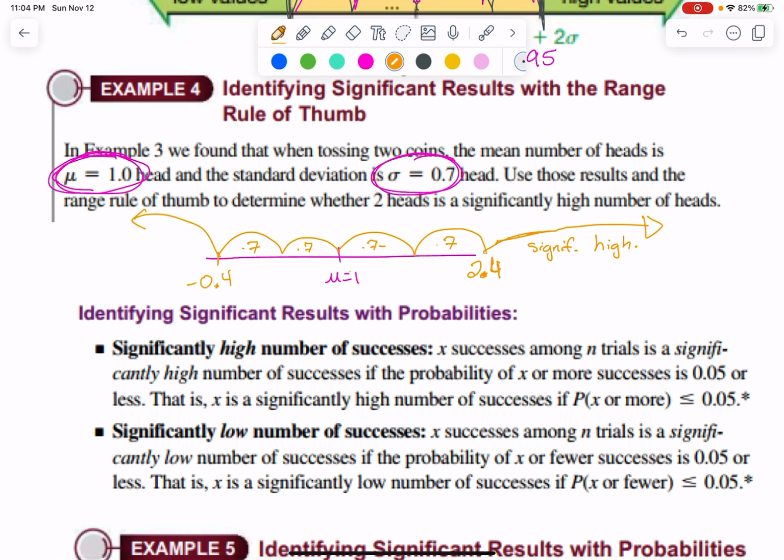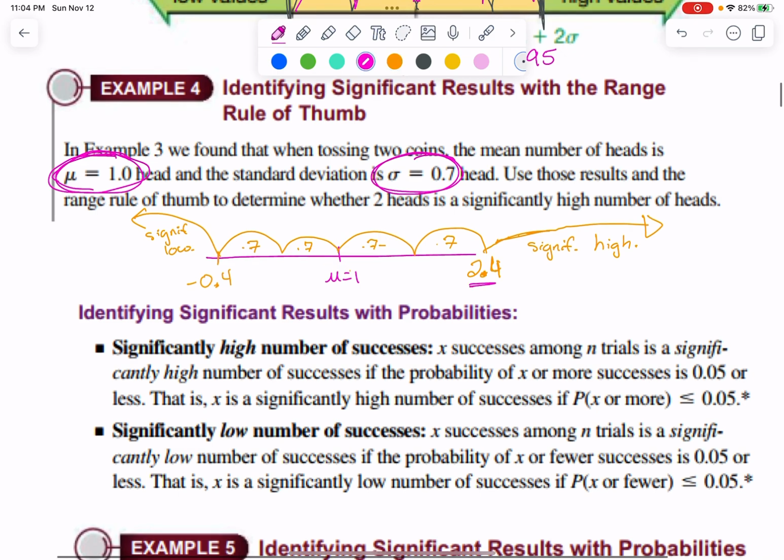Okay, so let me break this down for you. These are significantly low values. Anything that's considered above 2.4 is a significantly high value, and anything below negative 0.4 is a significantly low number. Okay, but let's think about what we're talking about. We are talking about flipping 2 coins, right?